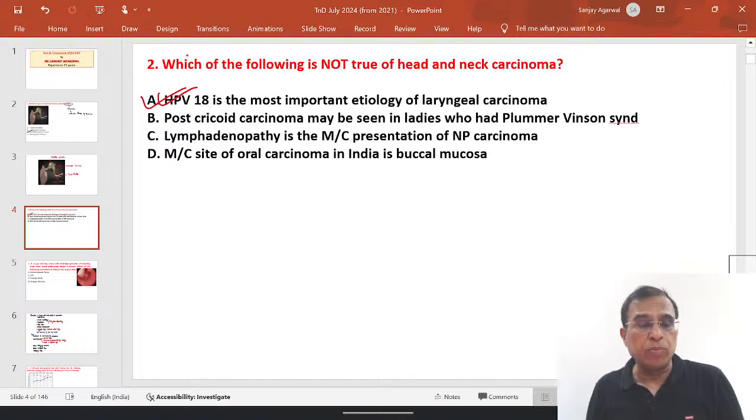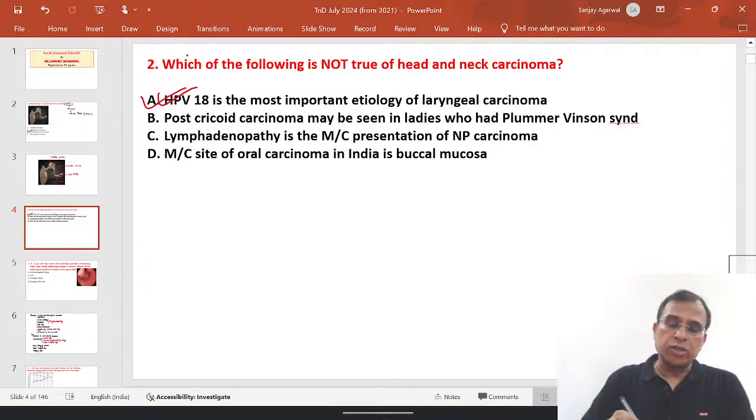Although laryngeal papilloma is caused by a virus, human papillomavirus 6 and 11, but not laryngeal carcinoma. So the way to remember is that the only head and neck carcinoma which does not have a viral etiology is a laryngeal carcinoma, right?